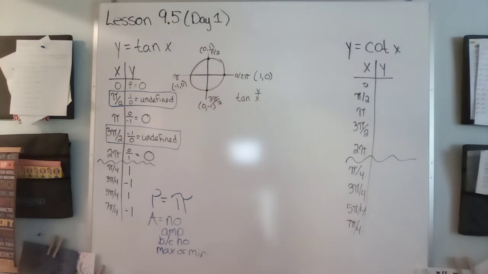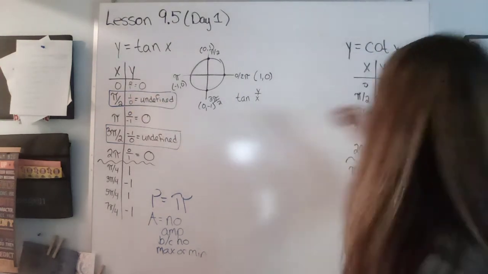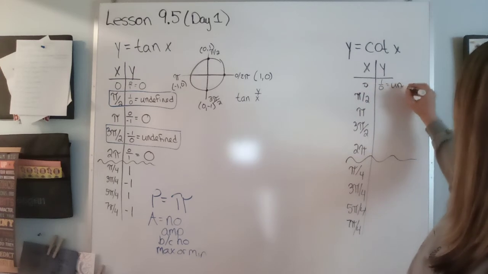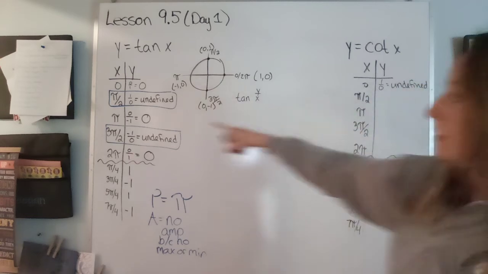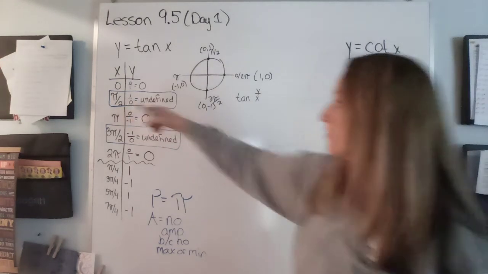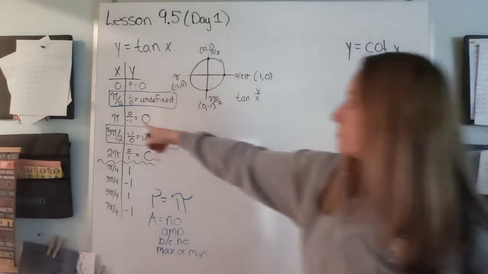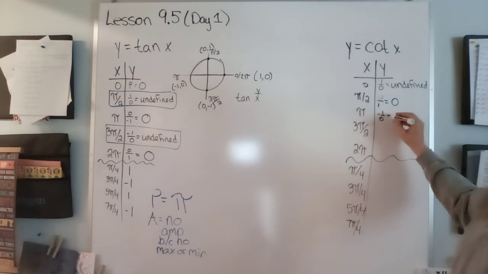Okay? Now, since they are the reciprocals, all right, instead of 0 over 1, it's going to be 1 over 0. So that means it's going to be undefined. Here, it's going to be 1 over 0, or excuse me, 0 over 1, so that's 0. The next one, the reciprocal, negative 1 over 0, which means it's undefined.